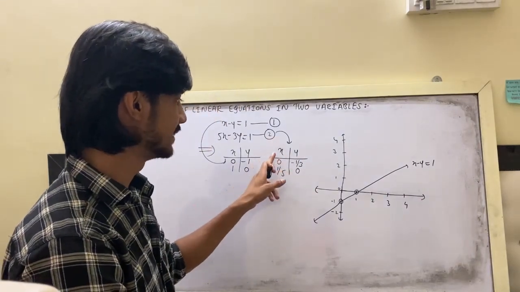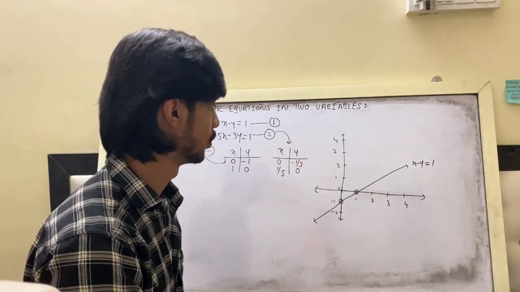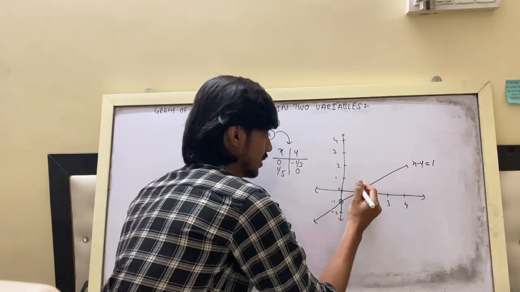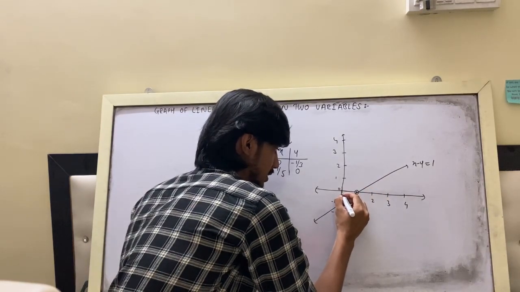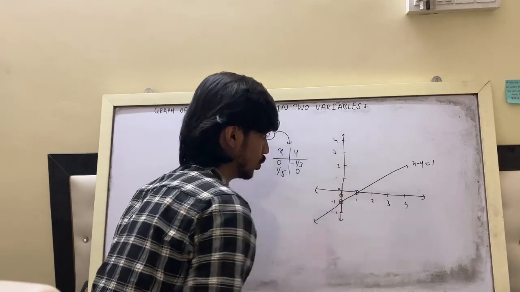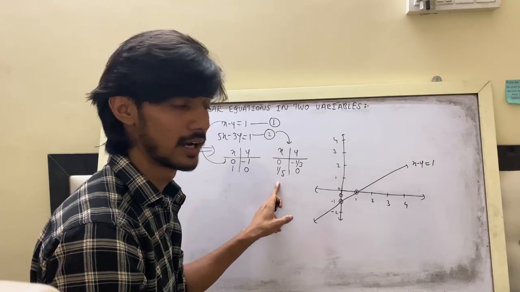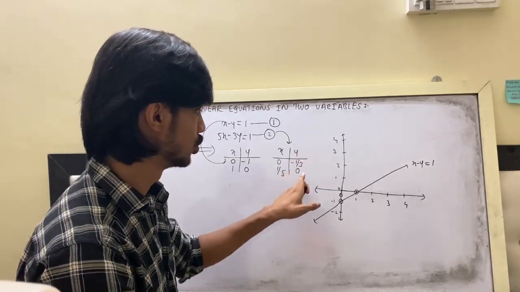Now take x equals 0 and y equals minus 1 upon 3. Minus 1 upon 3 means minus 0.333. Like this, minus 0.333 is this, and x equals 0, this point. And now x equals 1 upon 5. 1 upon 5 is 0.2 and y equals 0.